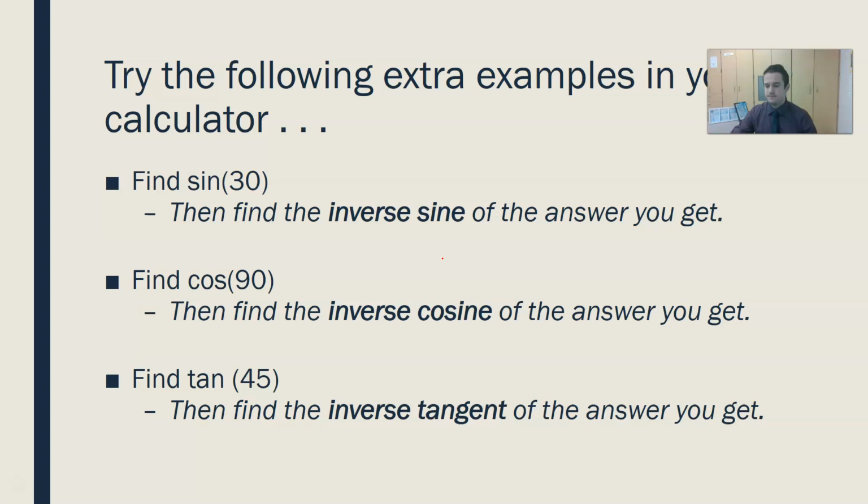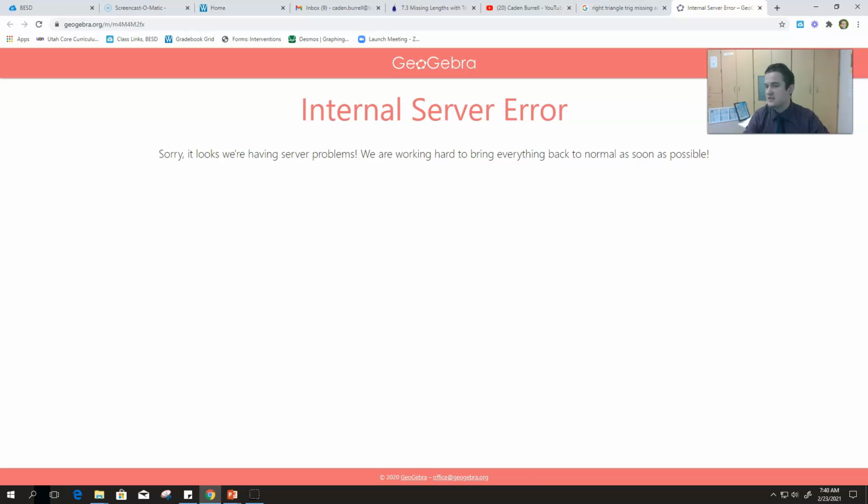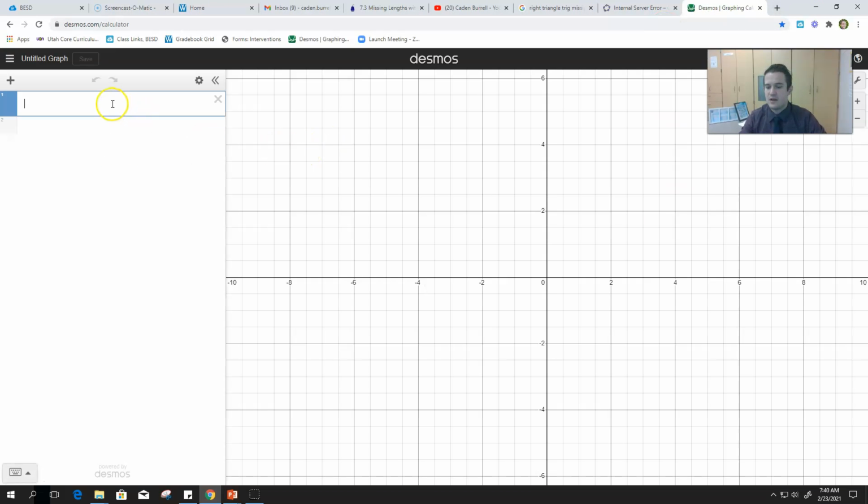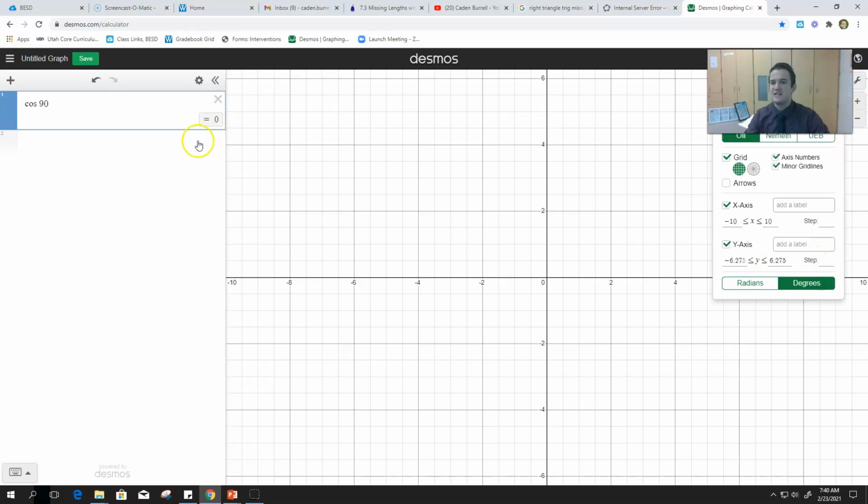So for example, in your calculator, go ahead, we did this one already. So go ahead and type this in your calculator. Type cosine of 90 degrees. And I'm going to go ahead and pull up Desmos so you can see. Let's see here. I'm going to go ahead and type in cosine of 90 degrees. It gives me, let me make sure I'm in degrees, it gives me 0.